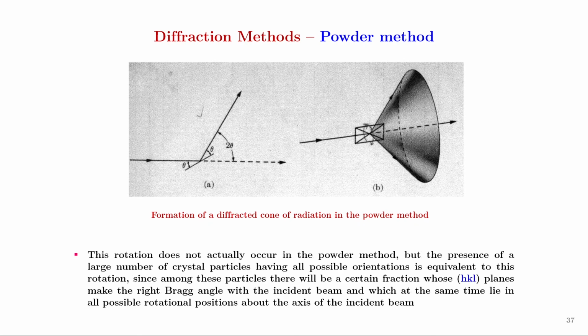This rotation does not actually occur in the powder method, but the presence of a large number of crystal particles having all possible orientations is equivalent to this rotation, since among these particles there will be a certain fraction whose HKL planes make the right Bragg angle with the incident beam and which at the same time lie in all possible rotational positions about the axis of the incident beam.